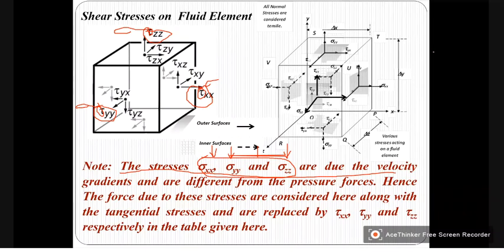So that is why I had taken this figure and this notation, right?